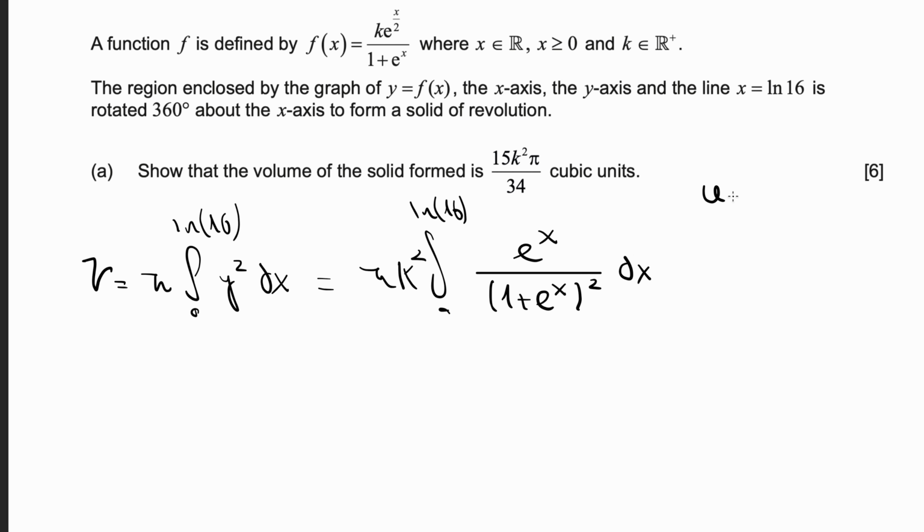So now I'll use substitution, and I'll say 1 plus e to the power of x is equal to u, so du over dx is equal to e to the power of x.